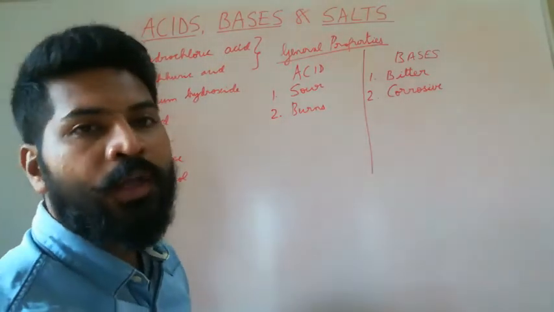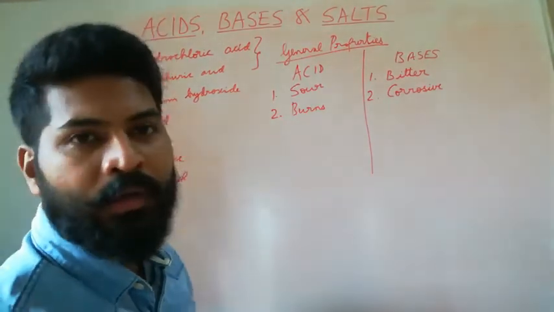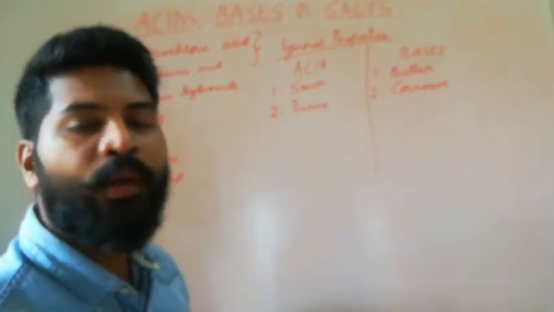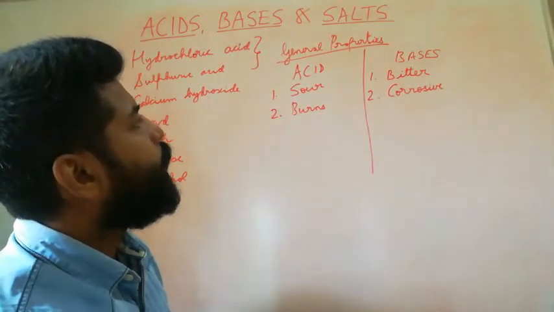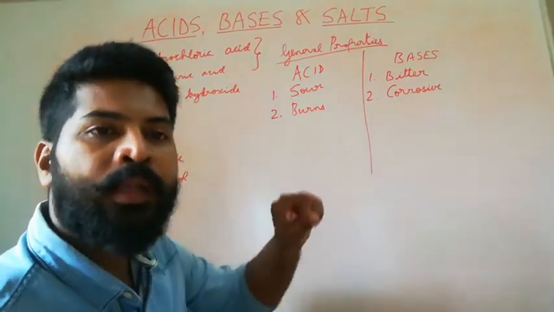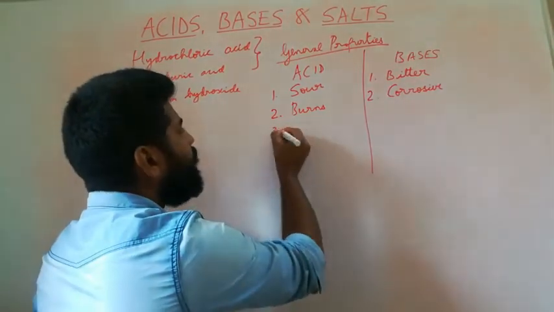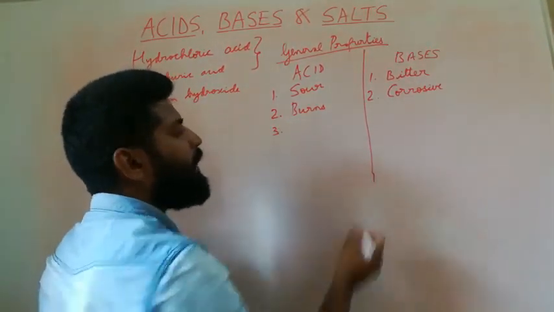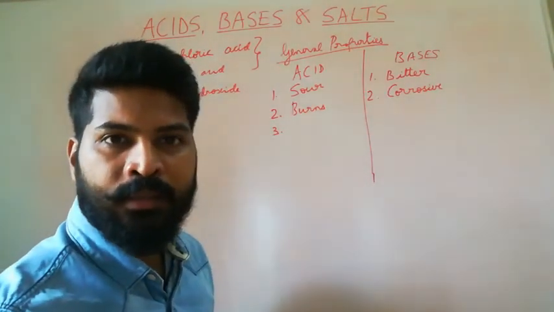They can cause corrosion. So because of these two reasons, you cannot touch them or you cannot taste them. Then what other way can be used to find out whether a given substance is acid or a base? So for that we can use what is called a litmus solution or a litmus test.